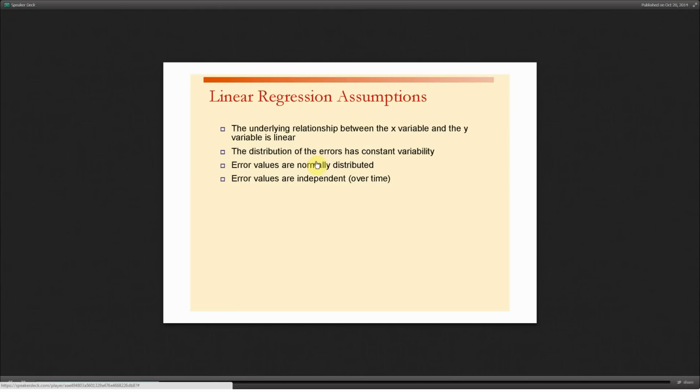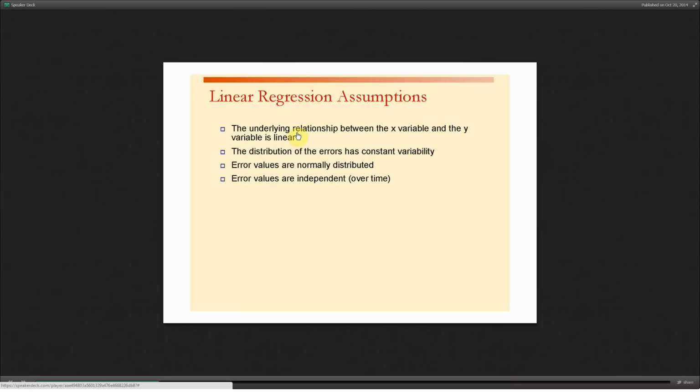So when we make a simple linear regression model, it's going to assume a few things, so that we can make estimates of our characteristics. We're going to assume that the underlying relationship between the x and the y variable is linear. Again, we've seen that the relationship between the independent and dependent variable doesn't have to be linear. In fact, there's no way in general to tell whether a relationship is linear or nonlinear.